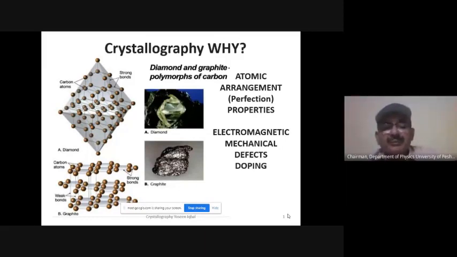Then, if the students remember, we reached a point that the atoms in materials can be either in a proper periodic arrangement or they can be randomly oriented and placed randomly throughout the volume of the material.